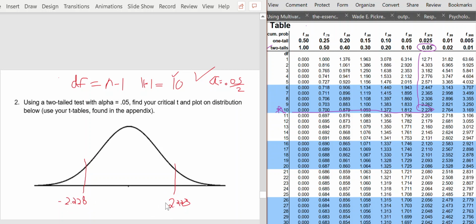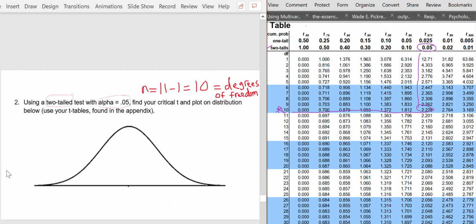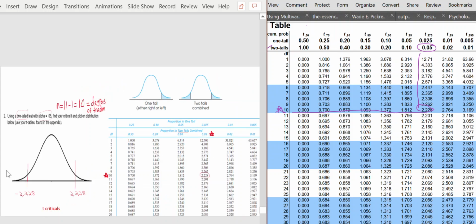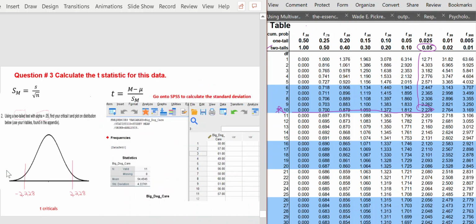So we have positive and negative, and if our t statistic crosses this area to the left, then we can reject the null hypothesis, or if it crosses it to the right, we can reject the null hypothesis. So either way, we can reject the null hypothesis. And I just did this right here in this example, but I illustrated this step by step by showing you.